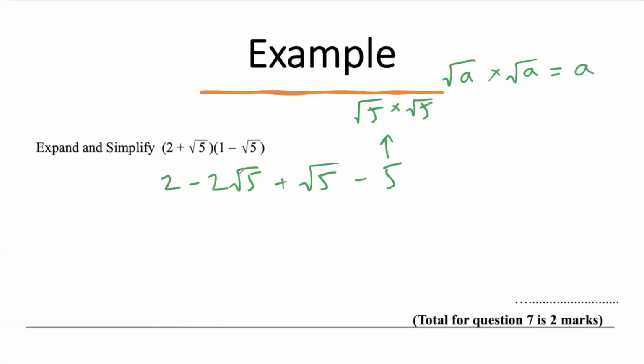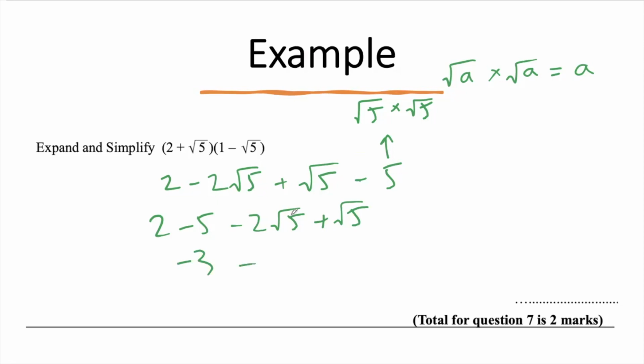Okay, so now we need to collect the like terms. The first pair of like terms would be 2 and minus 5, so 2 minus 5. And then we have minus 2 root 5 and plus root 5. All right, so 2 minus 5 is minus 3.